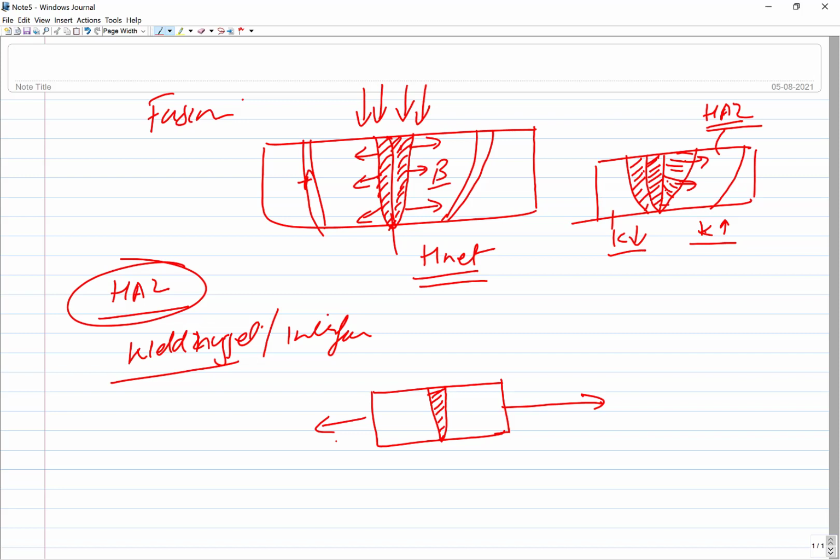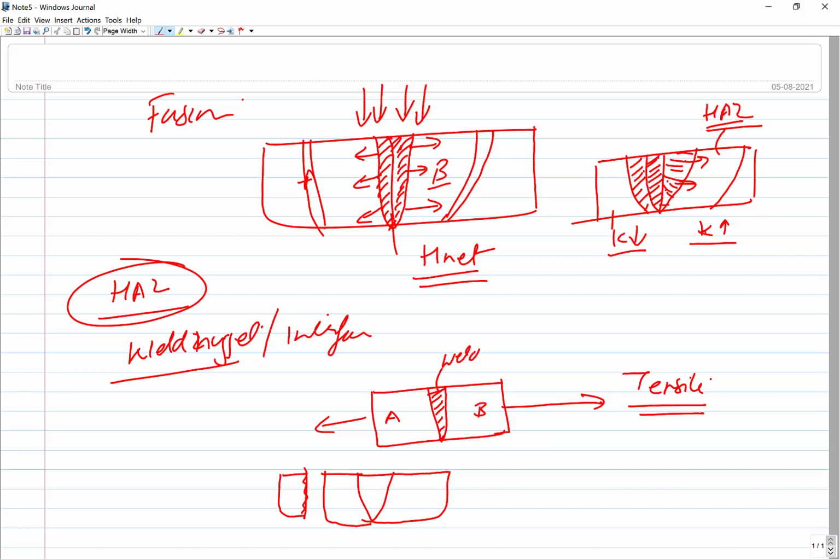So what we do, when we apply a tensile load to a joint, the joint can fail from three locations. In location one, the failure has occurred from the base metal on one side itself, and the weld is intact. Say A and B, and this is the weld.